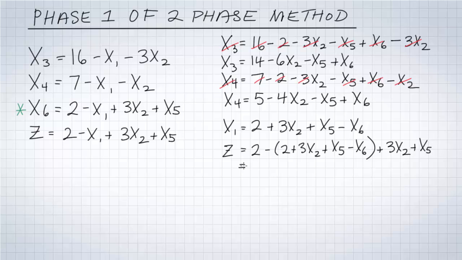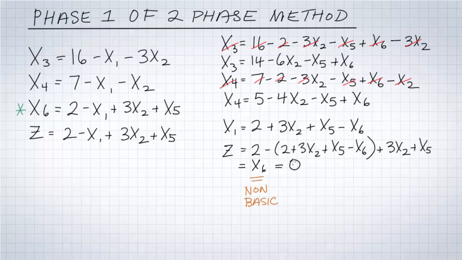Minus x5 plus x5 is 0. And so I am left with x6. Well, x6 is non-basic, so this is equal to 0. So basically I have eliminated x6.